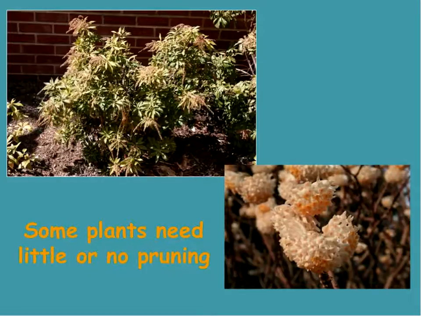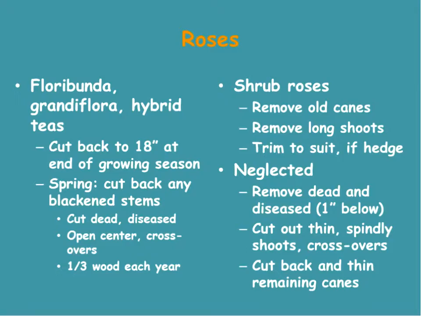Usually you can control them, particularly with the Pieris, with a little bit of pinching. And again, you get big, long, straight shoots with this plant, so you want to kind of encourage growth all the way down to the ground. So really not much pruning that you have to do. You might have to thin them out every so often, especially if flower production begins to decline.